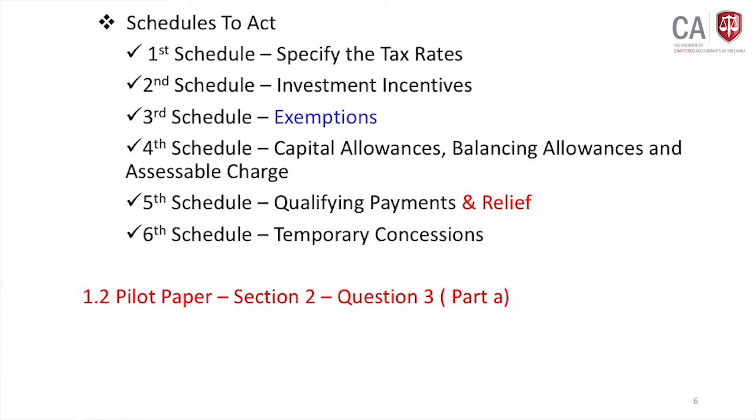The reliefs are not applicable for company taxation. Reliefs are applicable for individual taxation. Therefore, for your purpose, the only part of the fifth schedule applicable to company taxation is the qualifying payments. I think it's more clear.